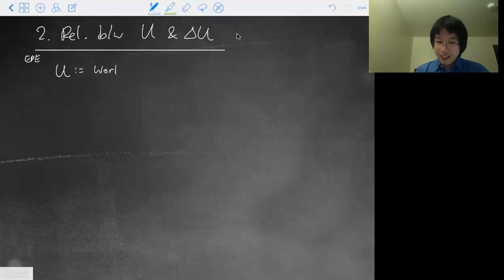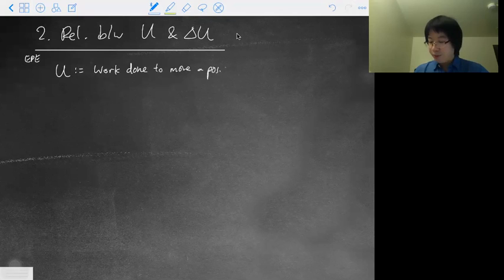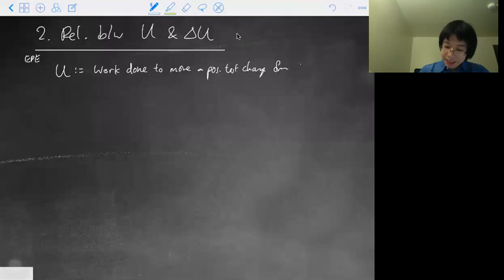It's the work done not per unit charge. So the difference between potential and potential difference is this time it's just the work done to move a positive test charge from the reference point to R. It's almost the same thing. It's the potential energy at a point as you move from the reference point to R, but it's just the work done. You don't divide it by Q test.